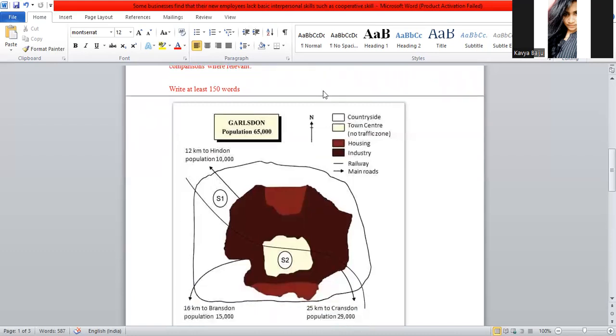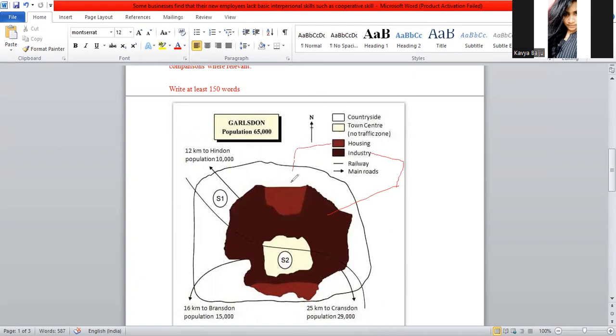You can see that this is the total circumference of the town, and we can see that most of the town is industrial. We can say industries are there in most of the areas.